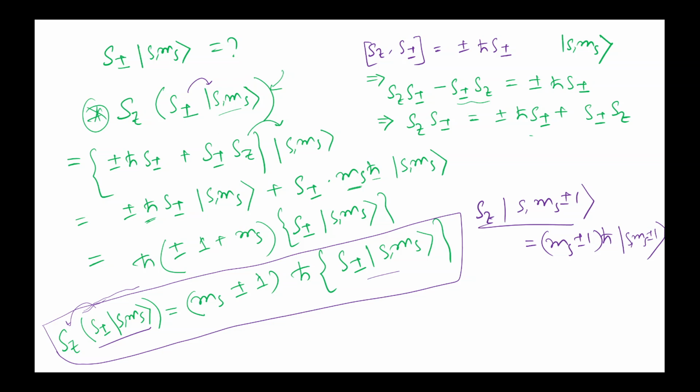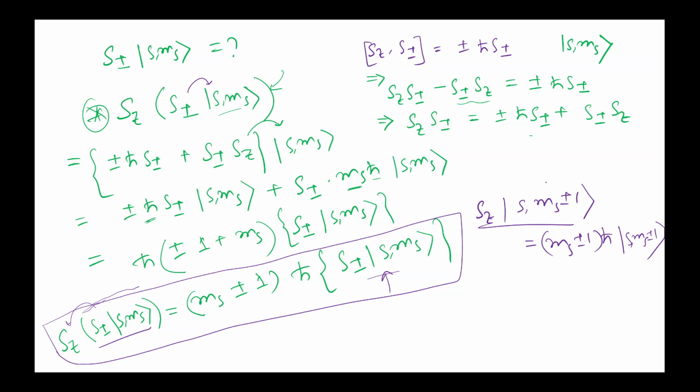And what we got is that when Sz operates on this function, we get back the same eigenfunction with an eigenvalue of (ms plus minus 1) h cross. This eigenvalue can only be achieved when Sz operates on |S, ms plus minus 1>.